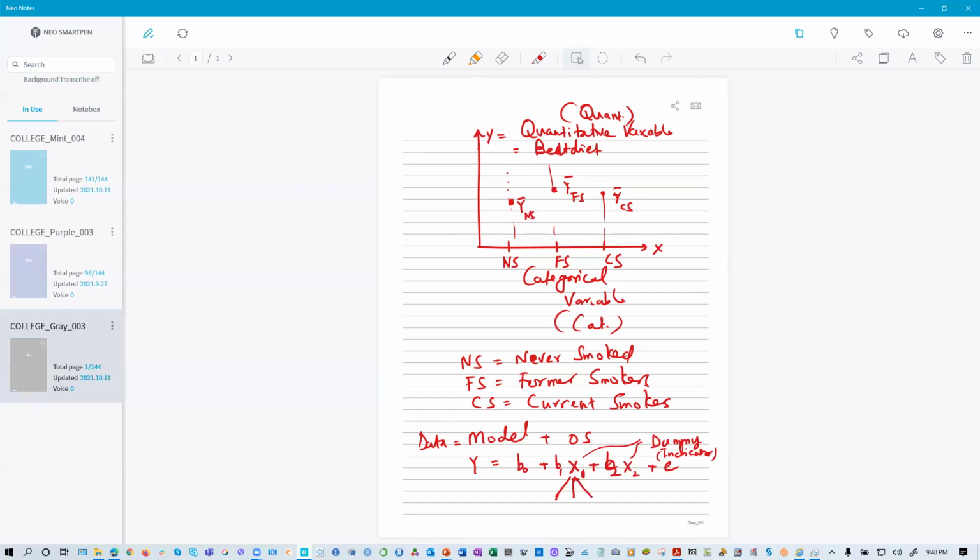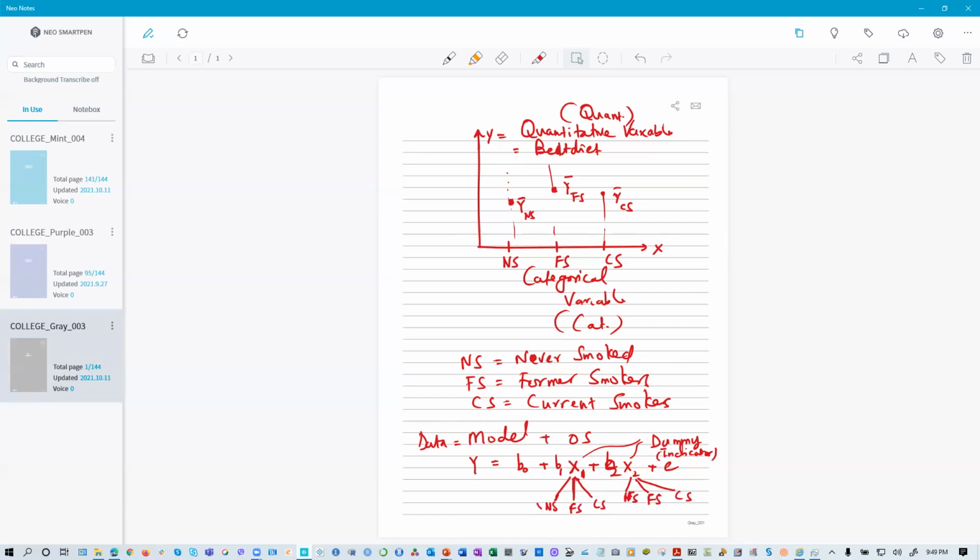Here you can put X1, and then you take this one to represent three things: never smoke, former smokers, current smokers. So here they represent never smoking, NS, former smoker, FS, current smoker, CS.